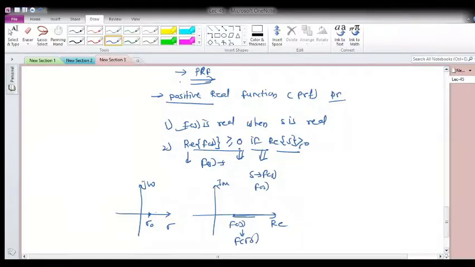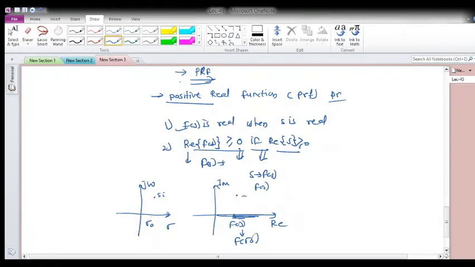Okay, so if your function is PR, then what will happen? A point on the positive real axis of the s plane will map onto a point f of sigma 0, which must also be on the positive real axis of the f plane. Or let's say any point in this s plane, suppose this point is s i, which is in the right half plane, also maps onto a point f of s i.